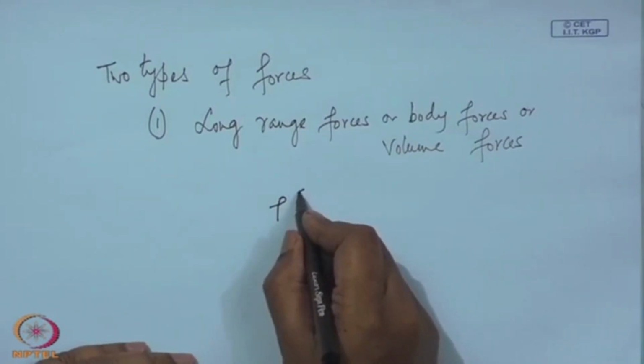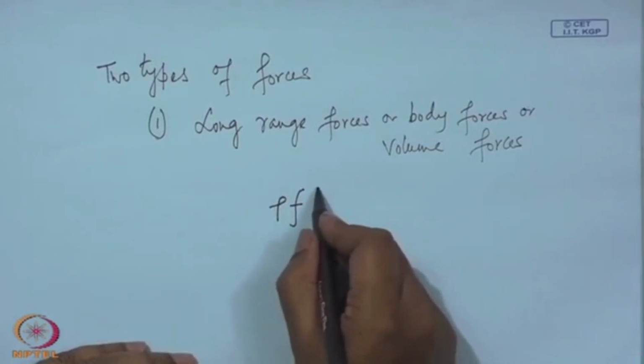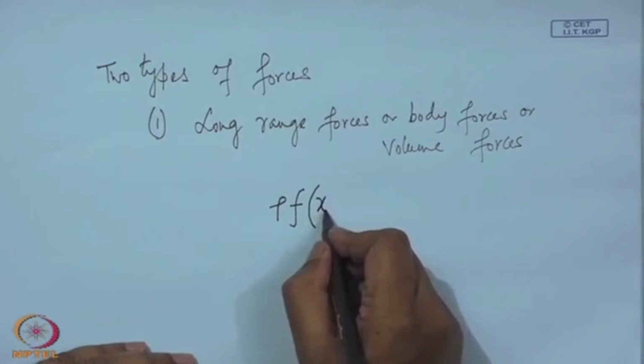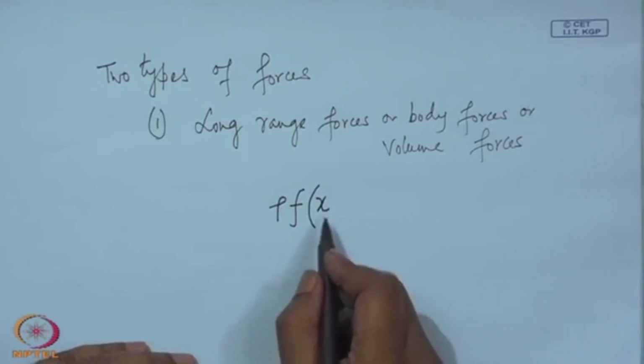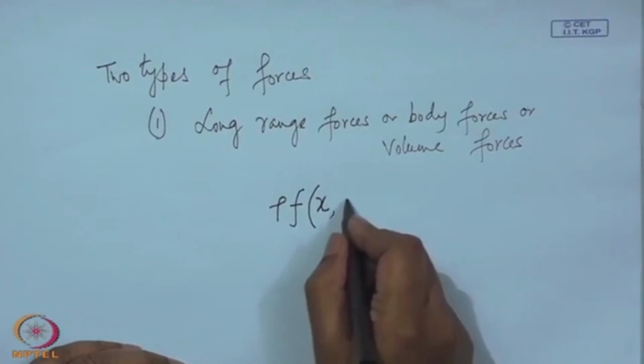Then the force per unit mass, F, in vector sense, acting on an element which has a position vector denoted by x. The x is the position vector, that means x has 3 components. We are not using x as x at time t.